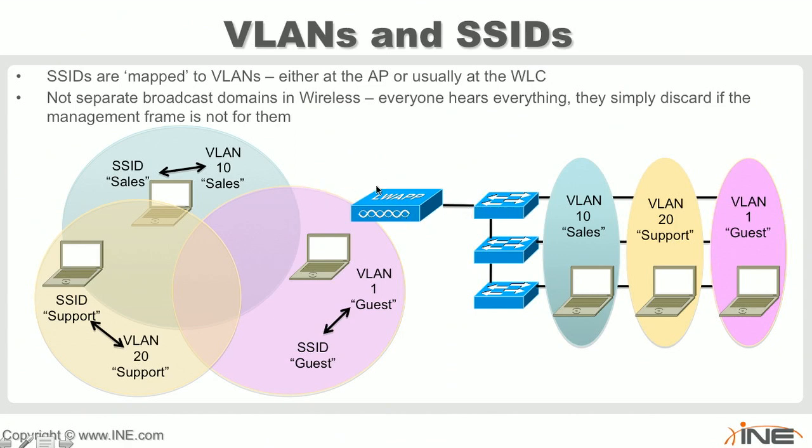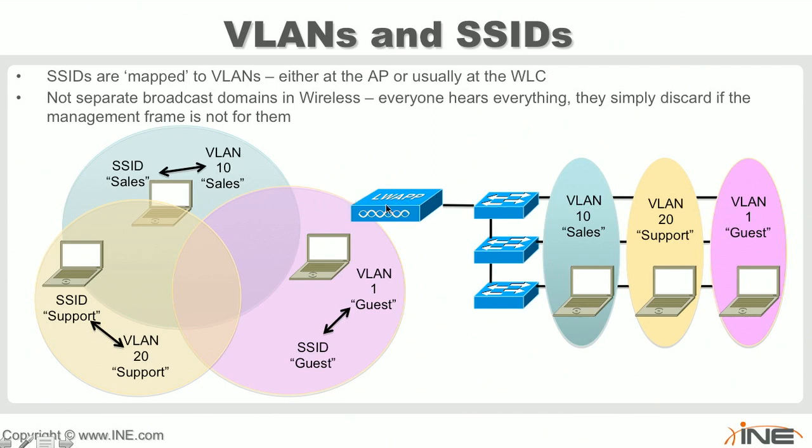And the AP, or as we'll find out later, the WLC, the wireless LAN controller, will do the mapping. In fact, we call these dynamic interfaces on the wireless LAN controller because they are dynamically mapped between an SSID and a VLAN.